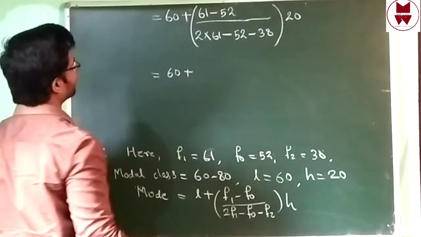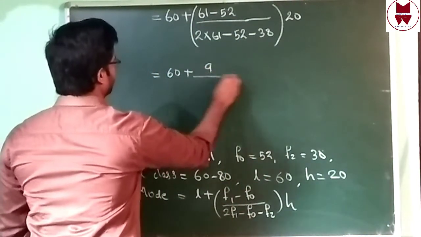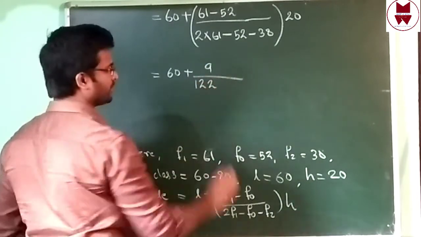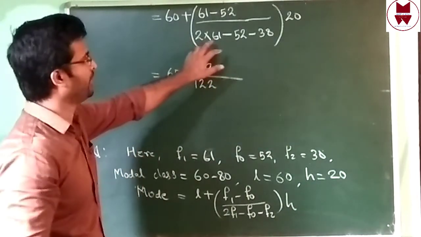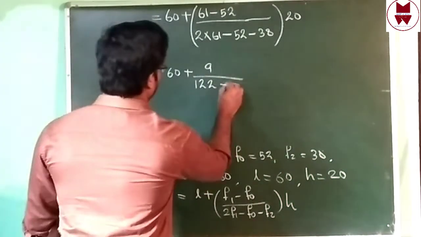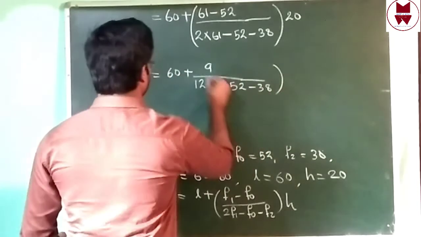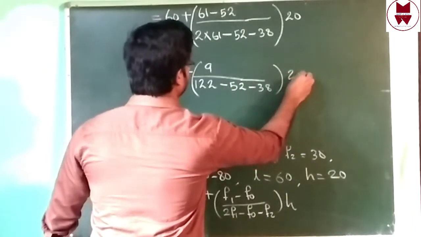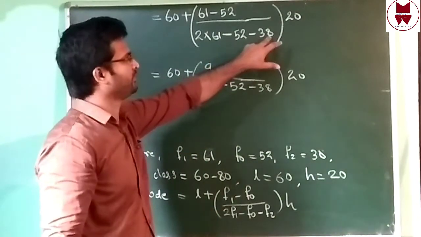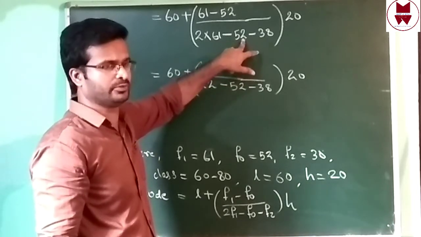60 plus 61 minus 52, 9. 2 into 61, 122. If you multiply 2 and 61, you will get 122. Then minus 52 minus 38 into 20. Keep in mind, this 52 minus 38 don't do, because this is not 52, that is minus 52, isn't it?